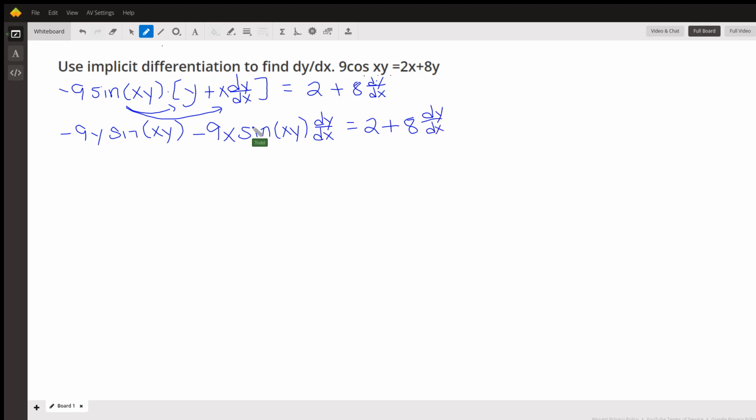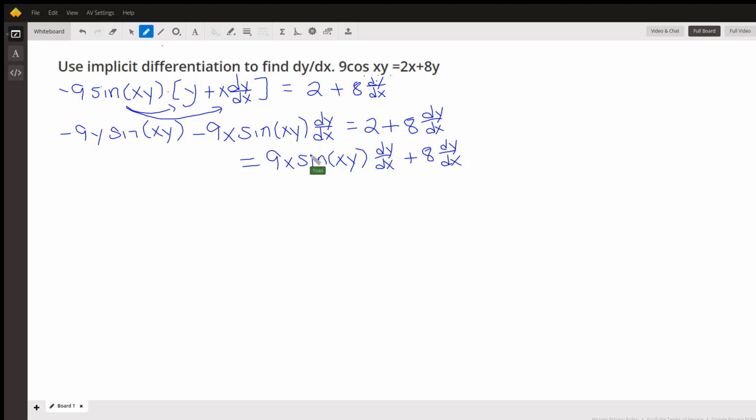Okay, now we can get all of the dy/dx's on one side and factor. I'm going to add 9x sine xy dy/dx to both sides, just because that happens to be a negative. On the right-hand side, I'm going to end up with a positive 9x sine of xy dy/dx. I already have the 8 dy/dx over there, so I'm leaving it there.